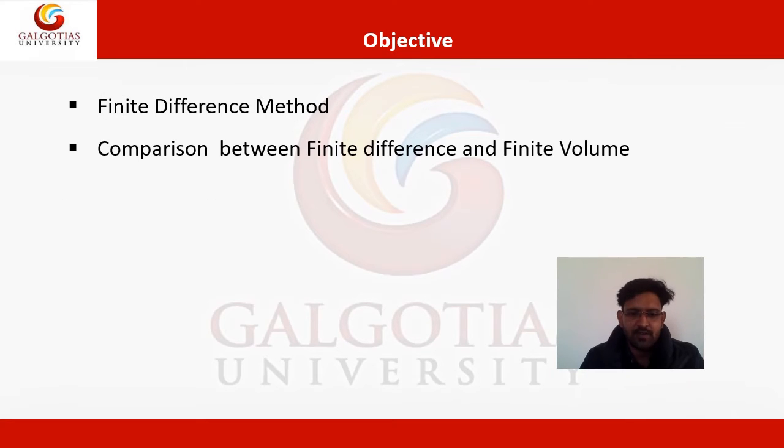Now, the objective for today's lecture: we will see what the finite difference method technique for discretization is, and then we will compare two important techniques, the finite difference and the finite volume. The finite volume technique I have already discussed in the previous lecture.